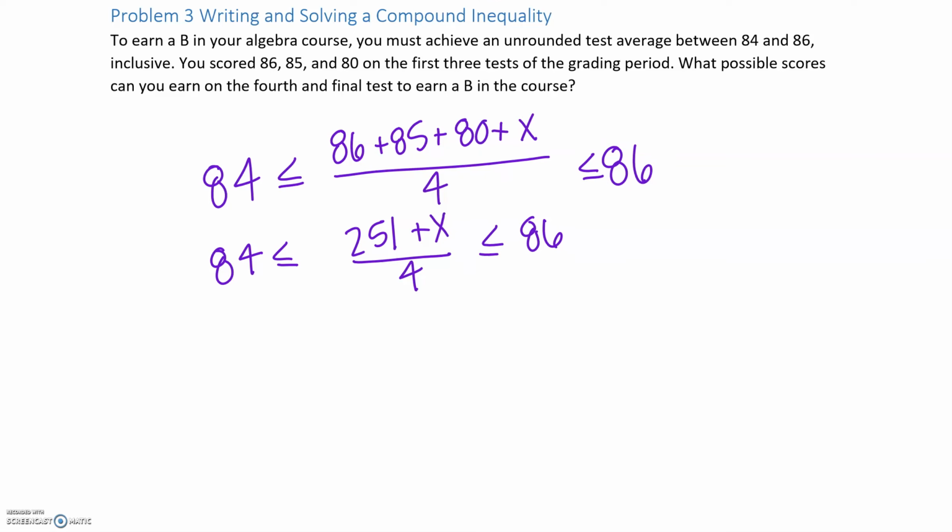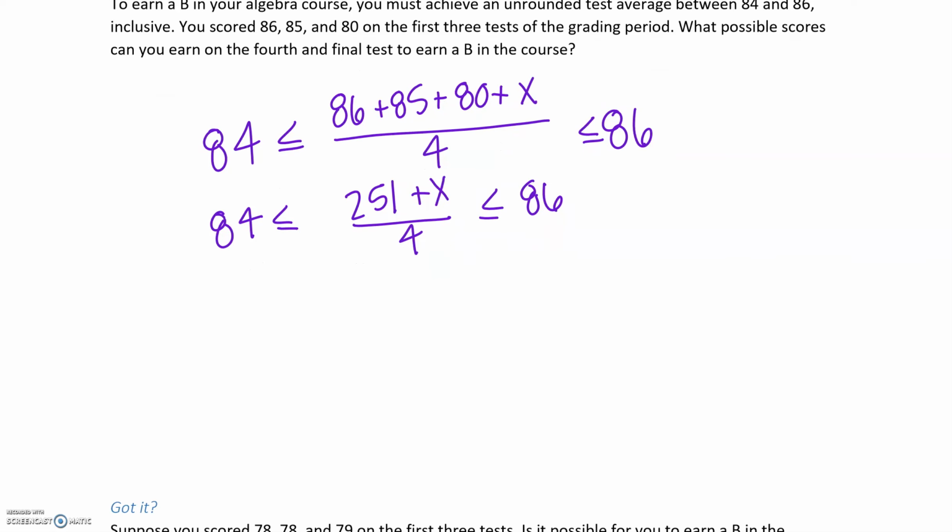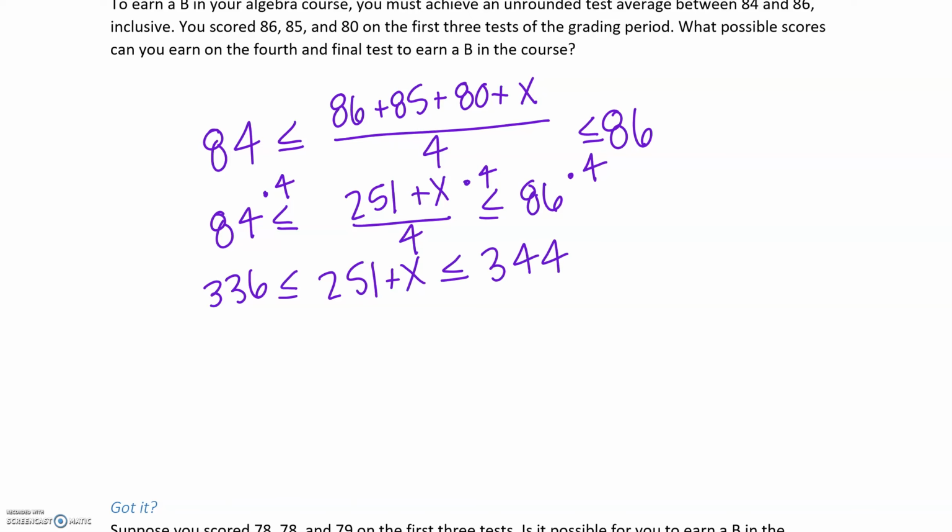Okay, so our next step is to multiply all 3 sections by 4 to get rid of the 4 down here. We multiply the middle by 4, this side by 4, and this side by 4. That leaves us with 336 is less than or equal to 251 plus x is less than or equal to 344.